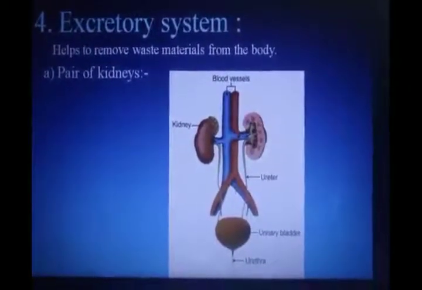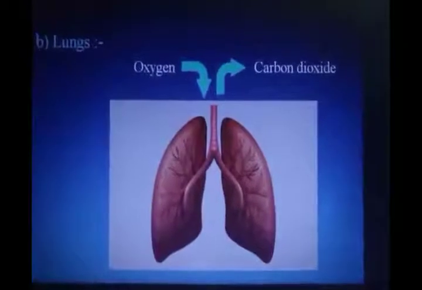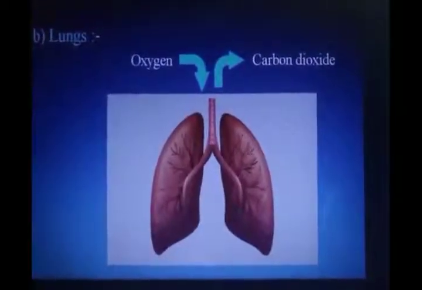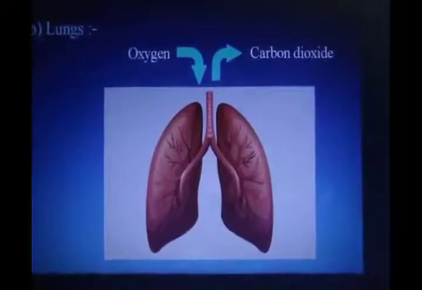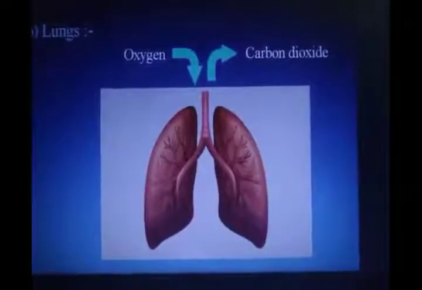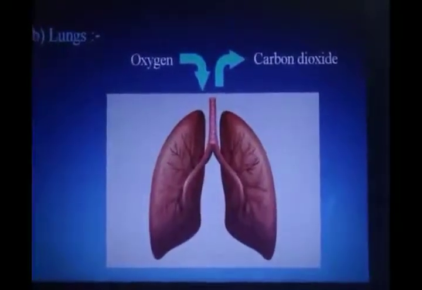Along with the pair of kidneys, lungs also help to remove waste, that is the carbon dioxide. Lungs take in oxygen and give out carbon dioxide from our body, which is a kind of waste.